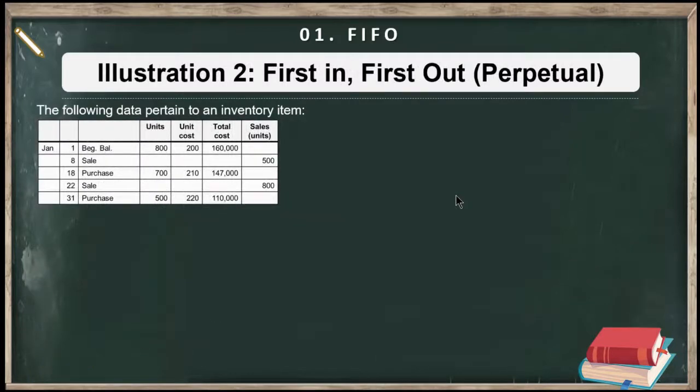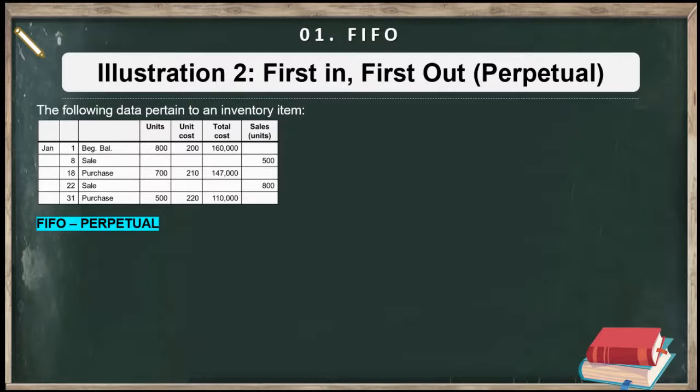Now let's go to the FIFO perpetual. For the FIFO perpetual, it will be just the same as the FIFO periodic in terms of getting the inventory end. However, the difference is that in the FIFO perpetual, we're going to consider the contents of our stock card.